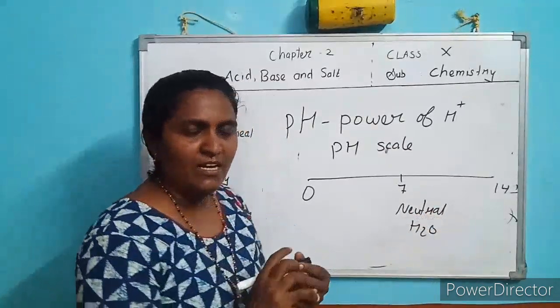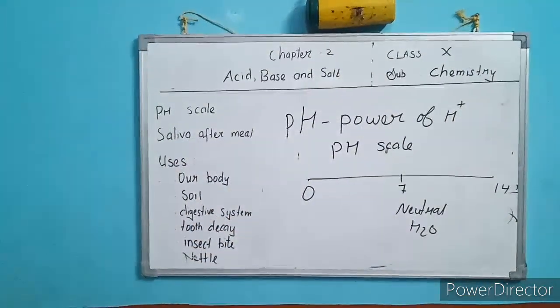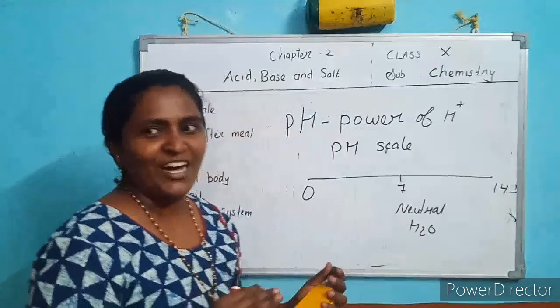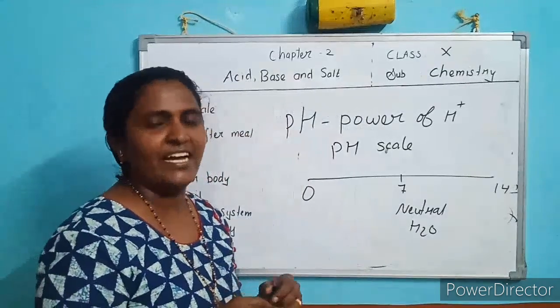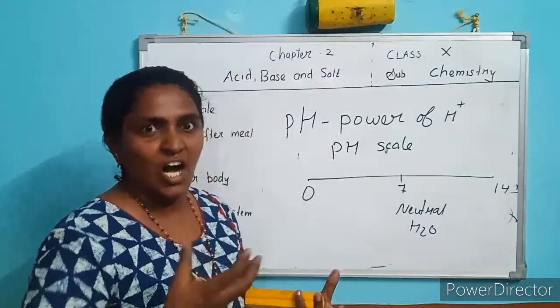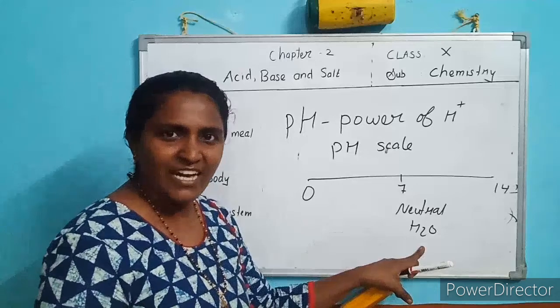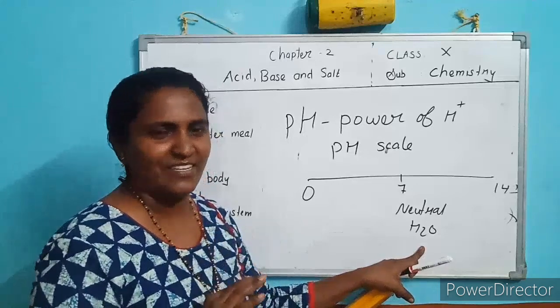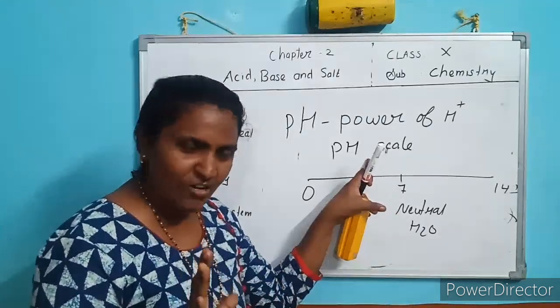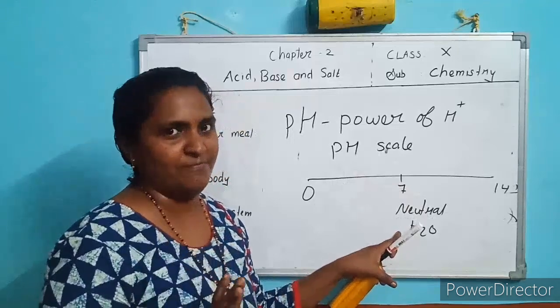Why is it neutral? The number of hydrogen ions and OH ions are equal. The amount of hydrogen ions and OH ions are equal in water. That is why the solution is neutral. The pH paper is yellow; in water also the paper remains yellow in color.